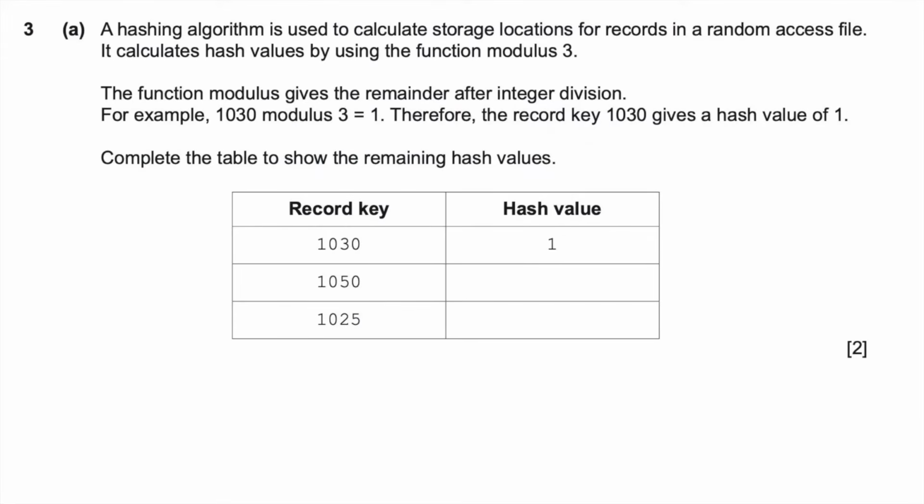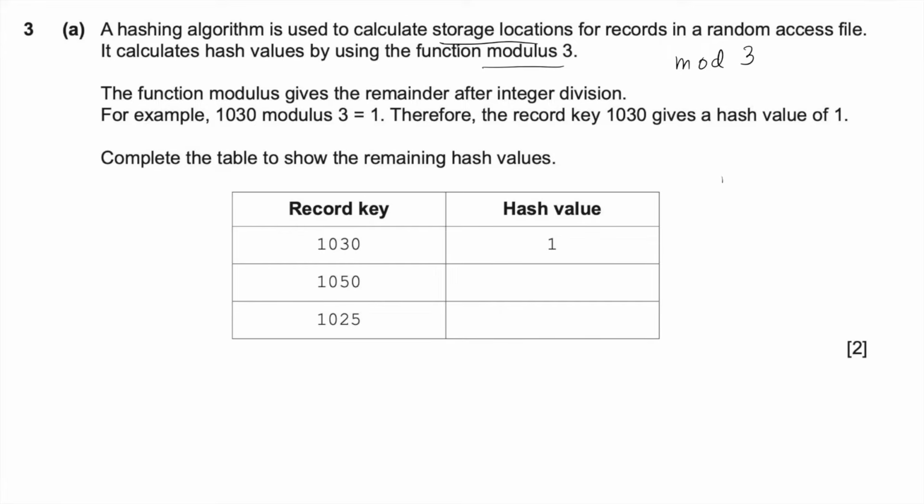Now to finish off, let's take a look at a more quantitative question involving hashing algorithms. So right here it says a hashing algorithm is used to calculate storage locations for records in a random access file. It calculates hash values by using the function modulus 3, so mod 3. The function modulus gives the remainder after integer division, which is something you should already know.